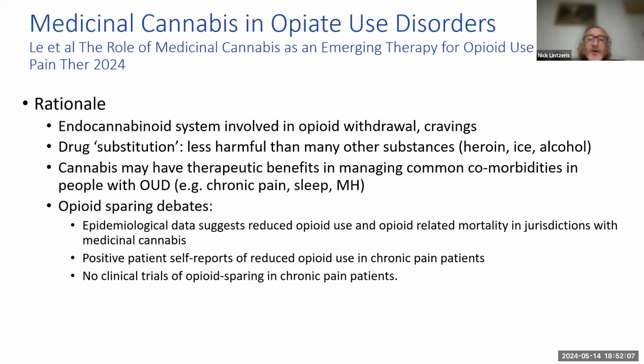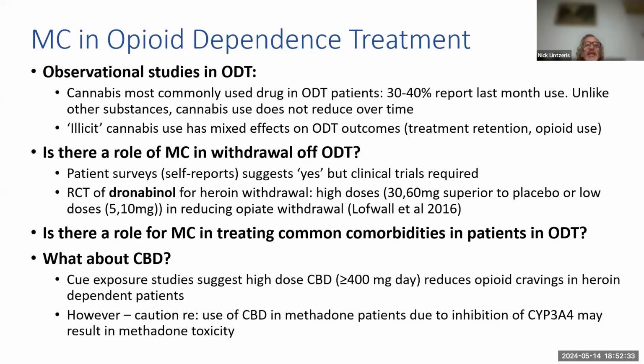There's a lot of observational studies or patient reports where patients with pain using opioids are prescribed medicinal cannabis, and many of them reduce their opioid use. But that's not high quality evidence. We don't have the randomized trials. One day someone might get there.